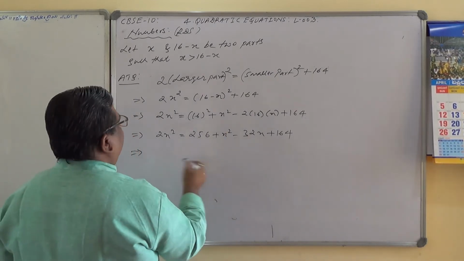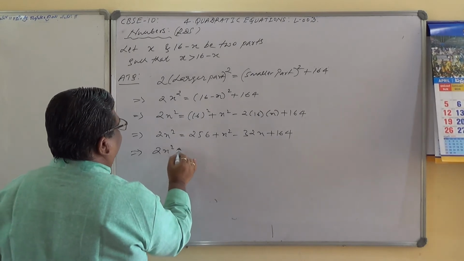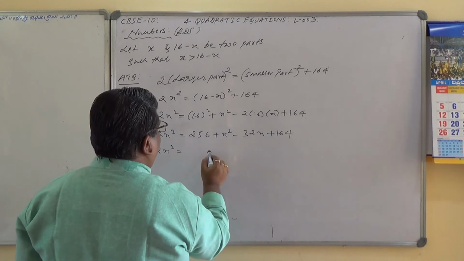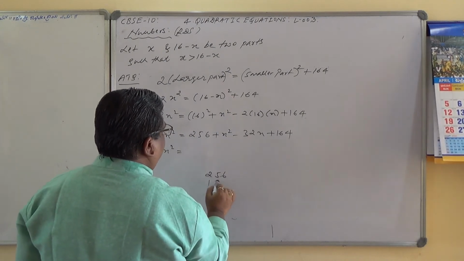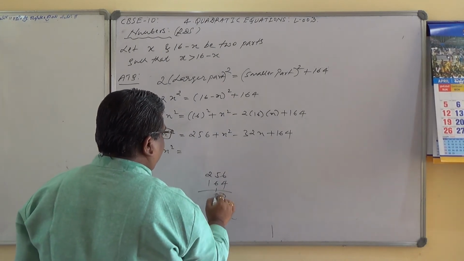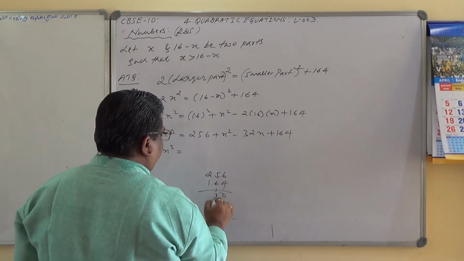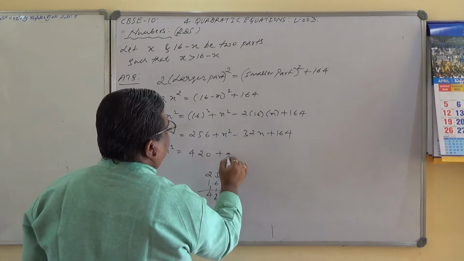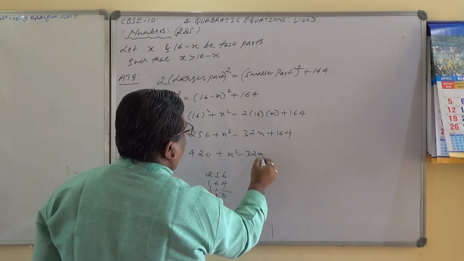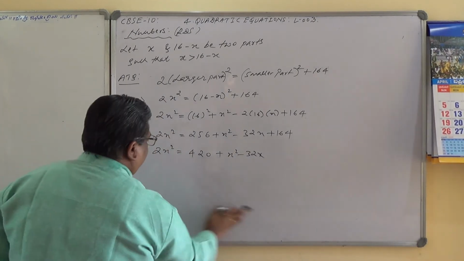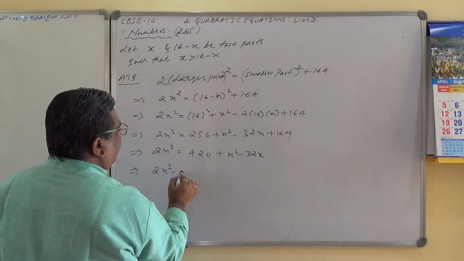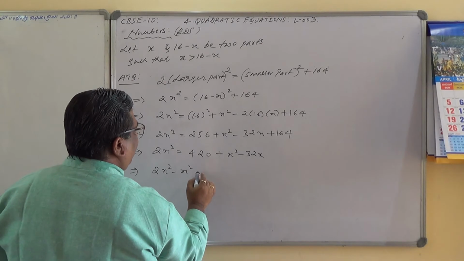Bring everything this side: 2x square equals 256 plus 164, that is 420, plus x square minus 32x.